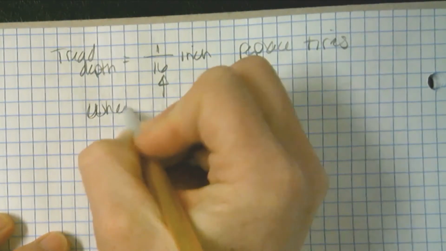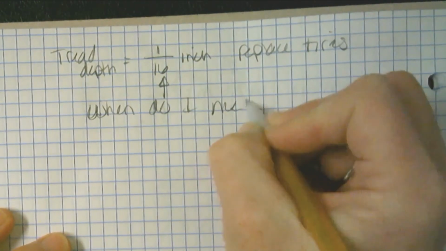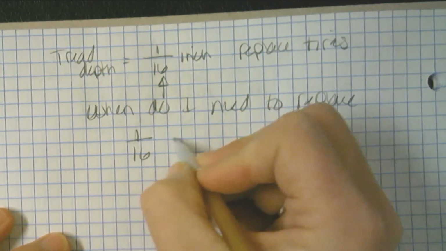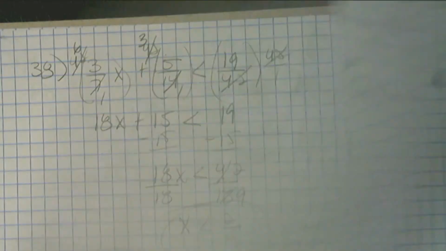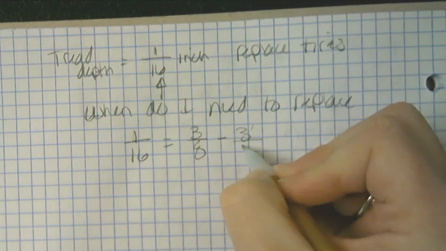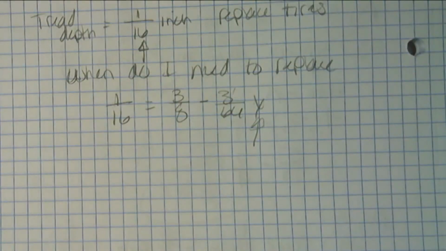On your test, I would write 1/16 of an inch is equal to 3/8 minus 3/64y, and I would solve for y, and that would tell me after how many years. That's something I would give you, because we came up with the equation, and then we would use it.